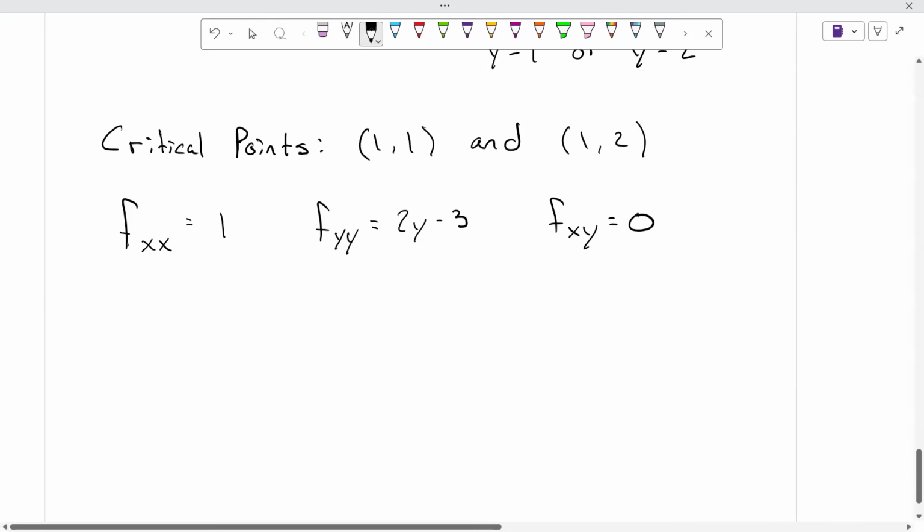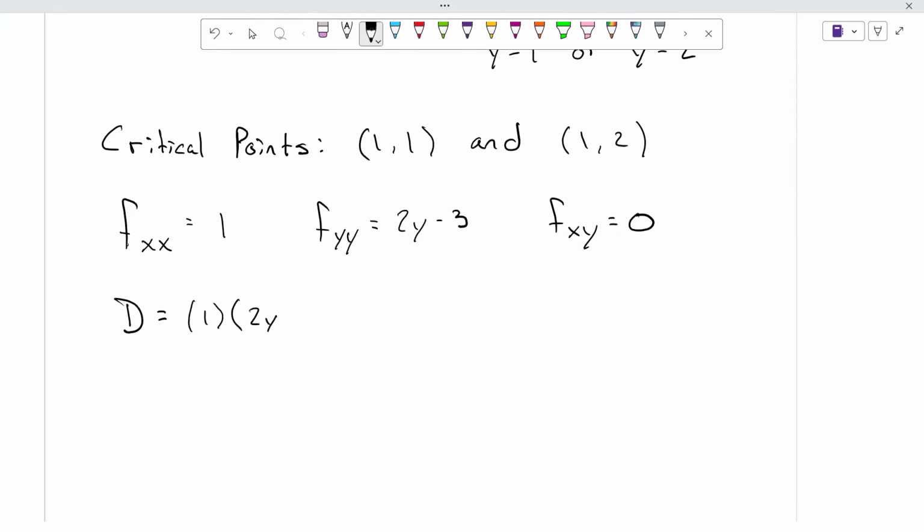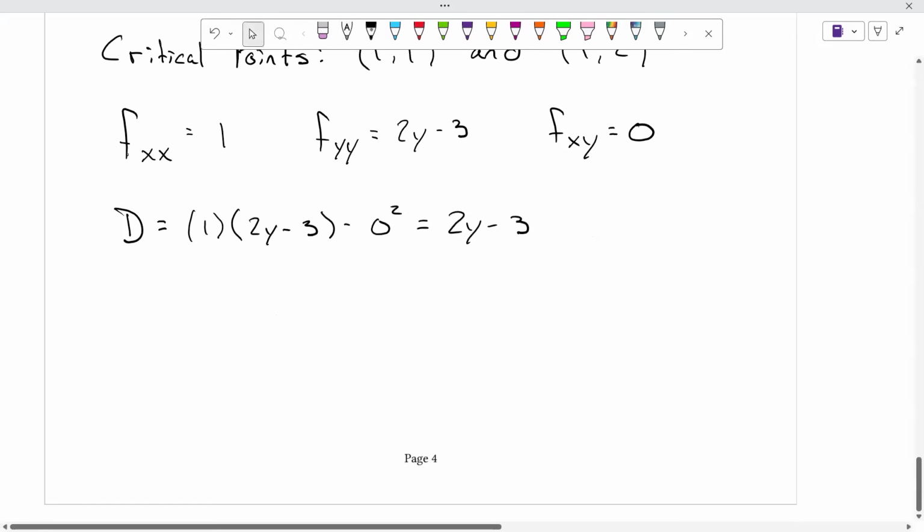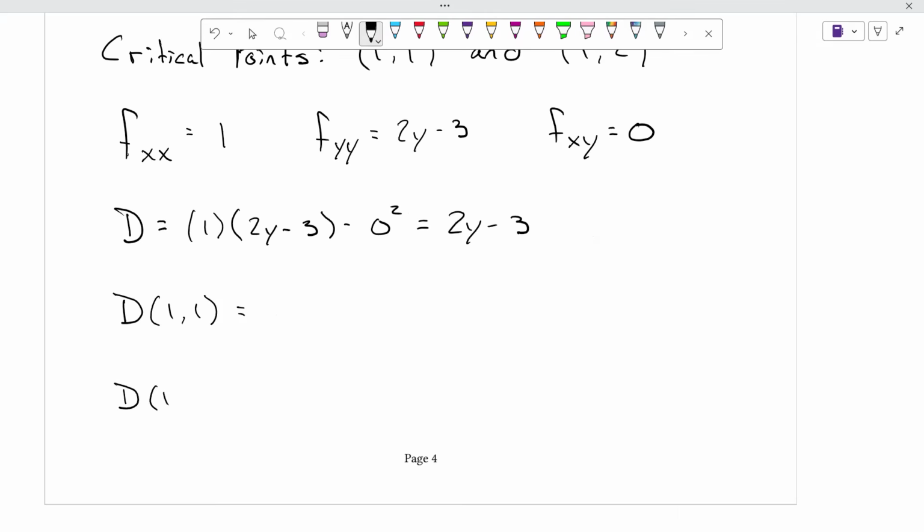So that means the value we want to be checking, we call D, looks like 1 times 2y minus 3 minus 0 squared, which is just 2y minus 3. So I want to look at D of (1, 1), and I want to look at D of (1, 2). If I plug in (1, 1), I'll get 2 minus 3, which is negative 1.